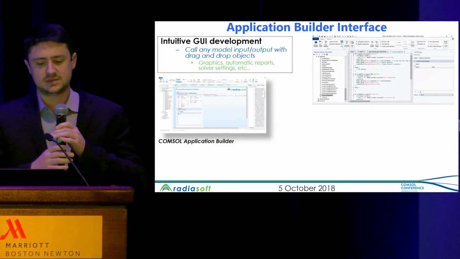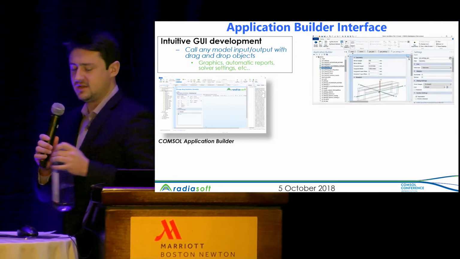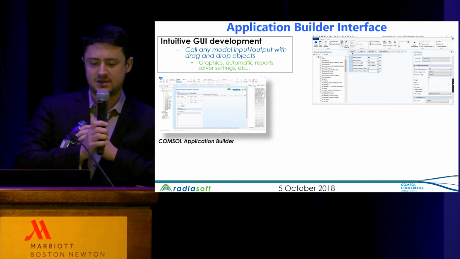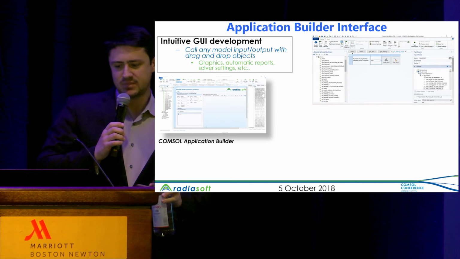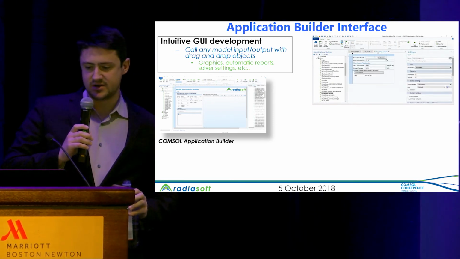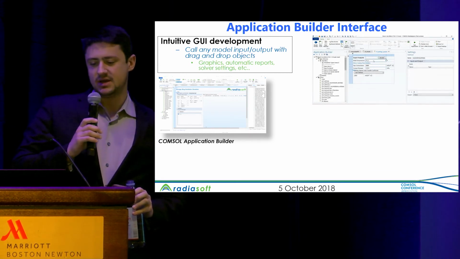Okay. So this is the application builder interface, which is a very nice interface. On the top right, I have this sort of nauseating video of me putting together an application from a year or so ago.